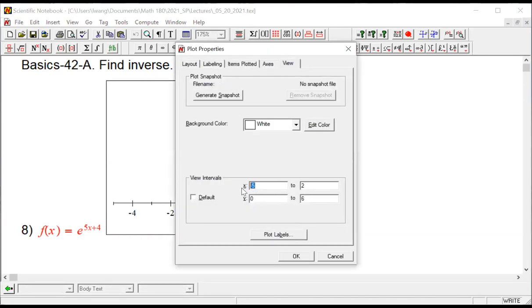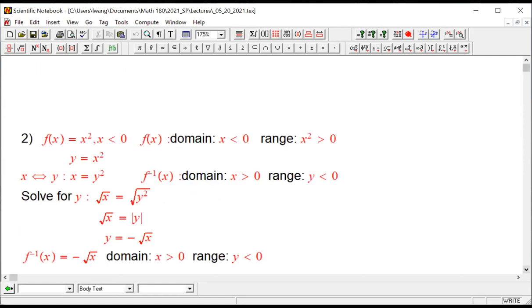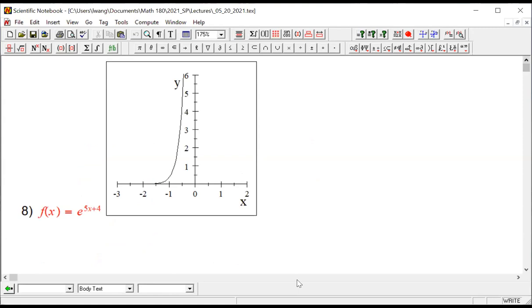This is good. You can see this function's domain and range are naturally decided. What is the domain?